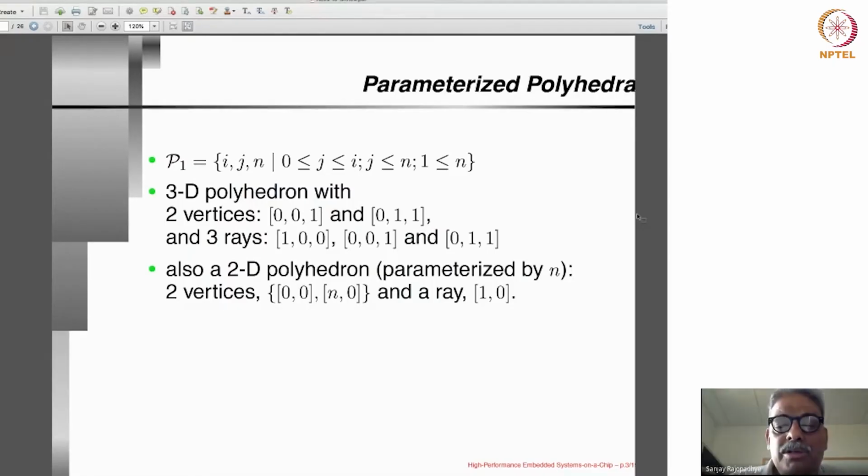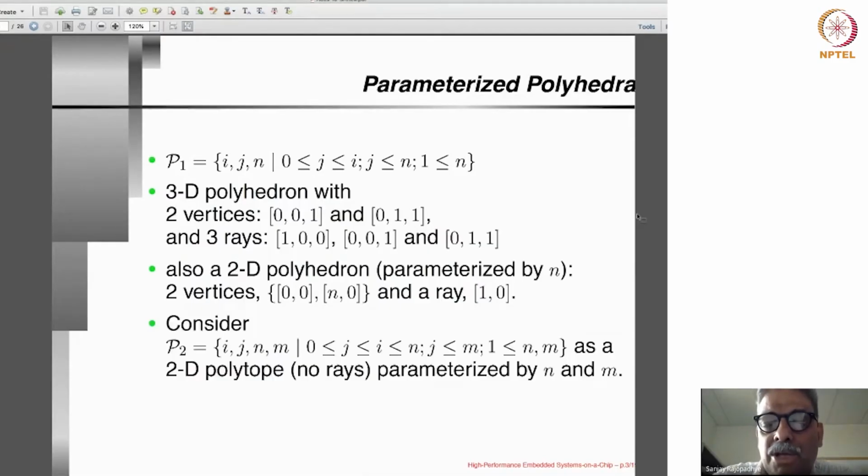Okay, so here was a polyhedron that was a line segment. Let me give you a different example. IJ such that 0 less than or equal to j less than or equal to I less than or equal to n, and j less than or equal to m. Okay, so treat n and m as parameters. Basically, if you just look at 0 less than or equal to j less than or equal to I less than or equal to n, that is a triangle.